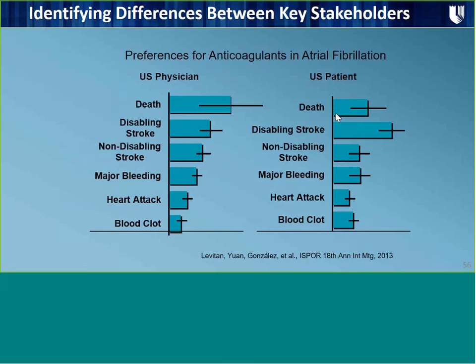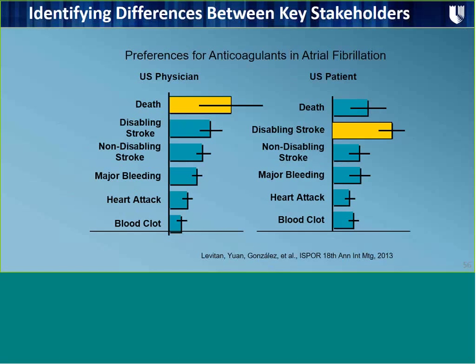And here you can see we elicited preferences for both U.S. atrial fibrillation patients and their treating physicians basically, and so we elicited the relative importance of all of these different outcomes, which are all related to clinical trial endpoints, and you can see here how there is a very important difference between the way physicians felt about death and disabling stroke relative to the way patients felt about those two outcomes as well.